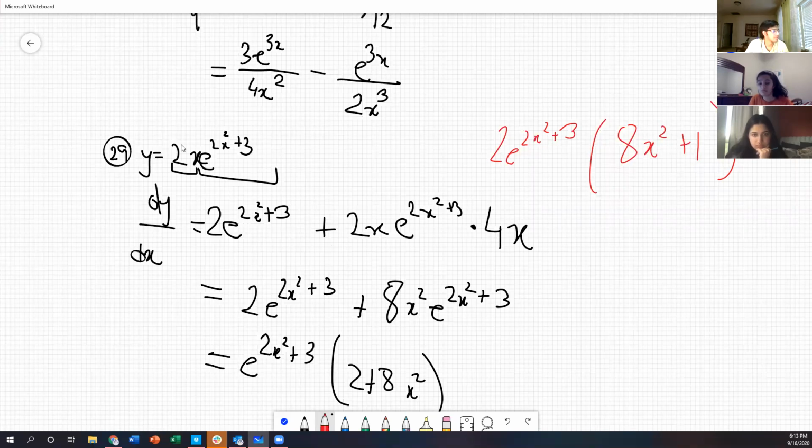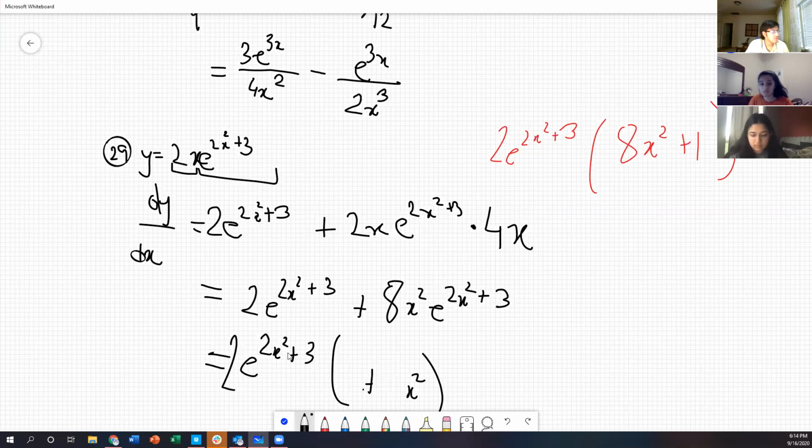Let me just look over this one more time. Derivative of this one times e to the 2x squared plus 3. Good. Plus the derivative of this one times 2x. So the derivative of this one is e to the 2x squared plus 3 times 4x. Oh, this is right. This process we did is right. I made a silly mistake when we were factoring. I should have factored out a 2 with it.